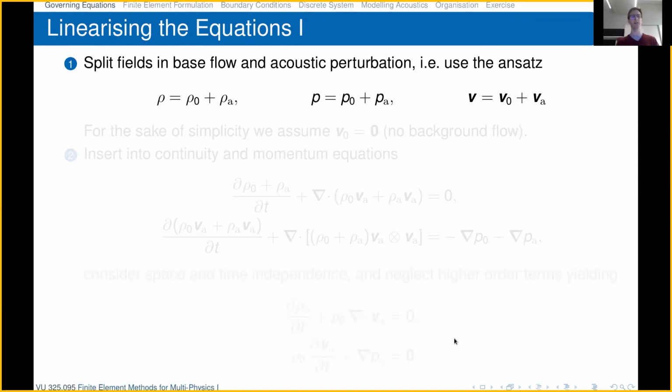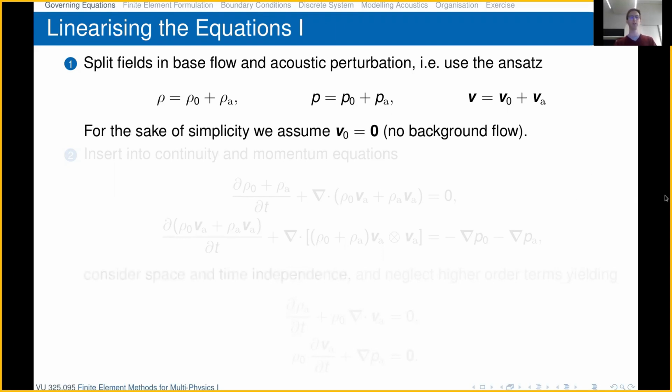The first step is we split the base flow, the field quantities, density, pressure, and velocity in the base flow, denoted by the index 0, and acoustic perturbation quantities, denoted by the index A. So we make rho the sum of base flow, rho 0, plus acoustic perturbation, rho A, and we do the same for pressure and velocity.